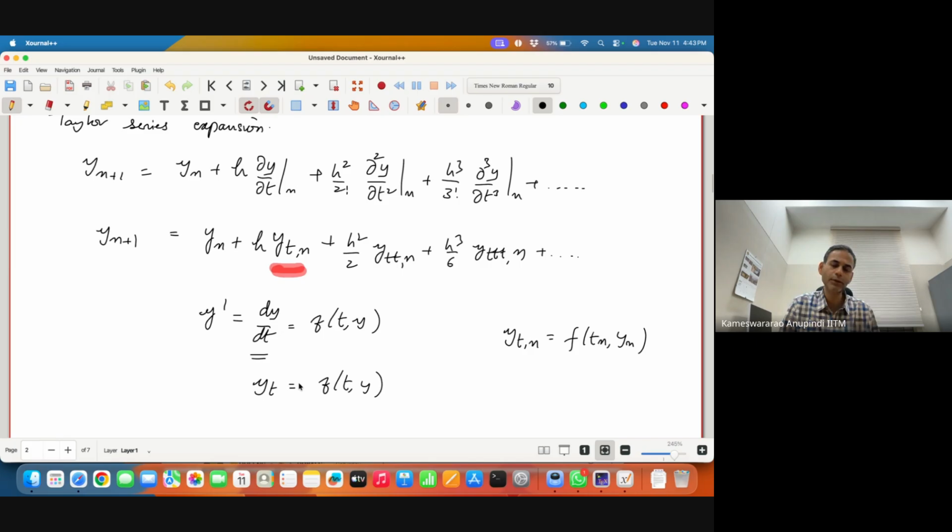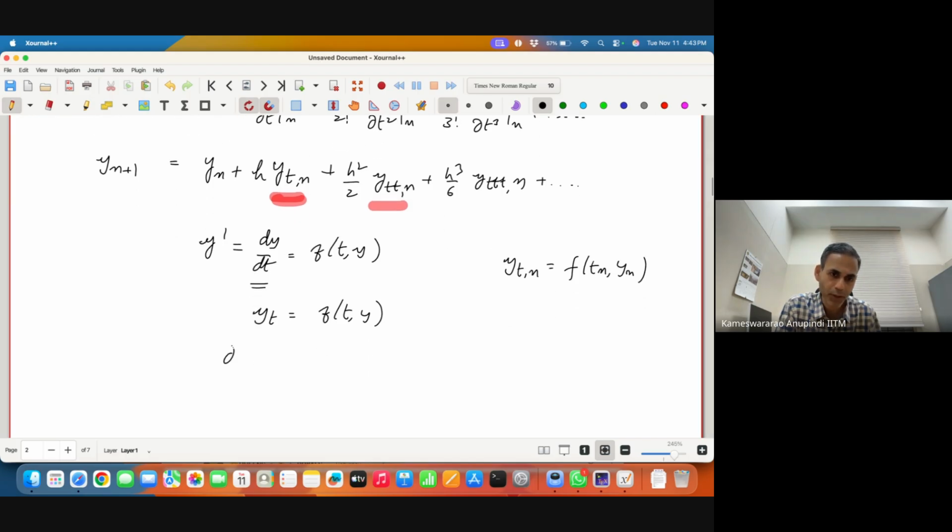Because the derivative value of y is nothing but the function itself, so I can replace that. Now what about this quantity, dou square y by dou t square at n? If I want to write it, I can write it as dou by dou t of dou y by dou t, which is dou by dou t of f of t comma y at n.